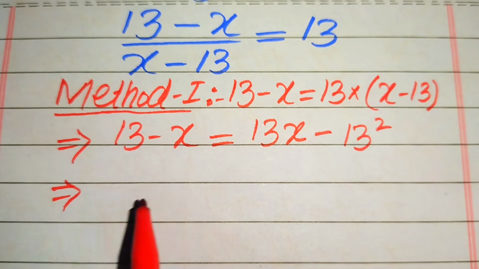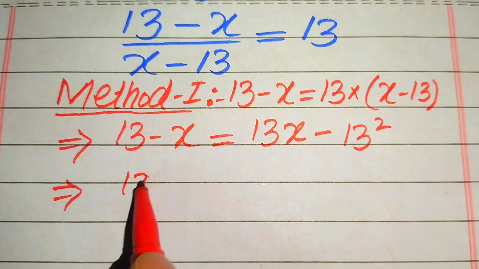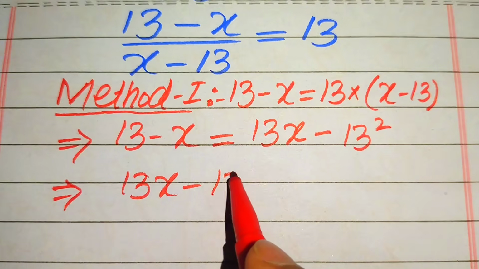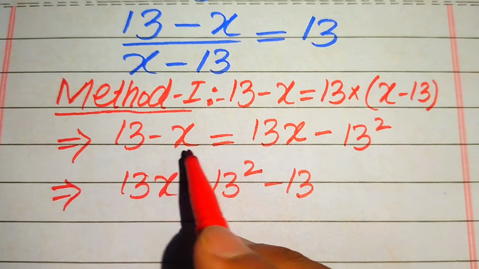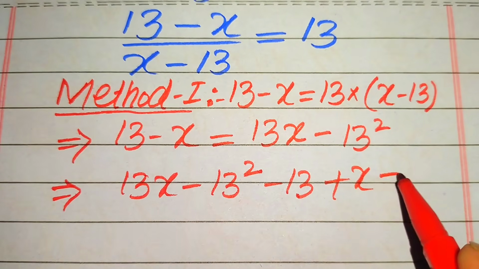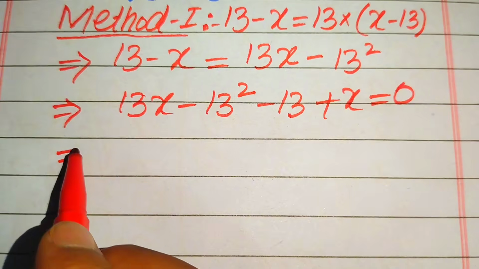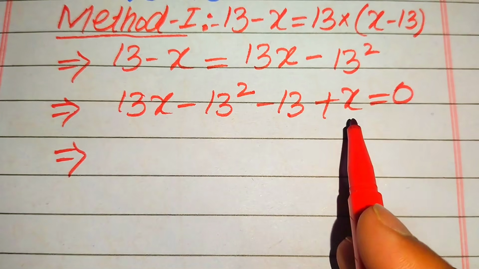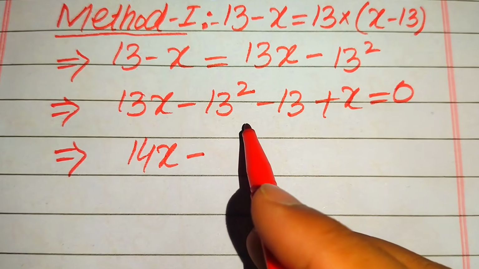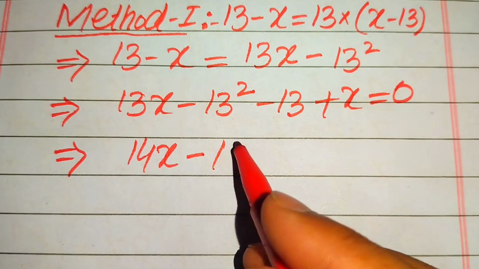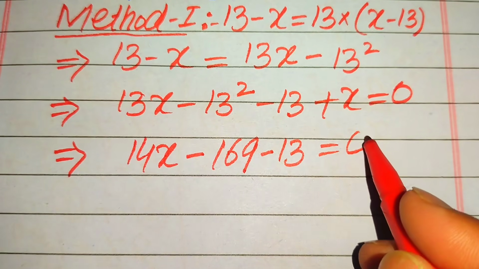And now here we move all the terms from the left-hand side to the right-hand side. We obtain 13x minus 13 squared, so this positive 13 becomes negative 13, this negative x becomes positive x, and this whole equation equals 0. Now we add or subtract the like terms, so we have 13x plus x becomes 14x, minus 13 squared becomes 169, minus 13 is equal to 0.